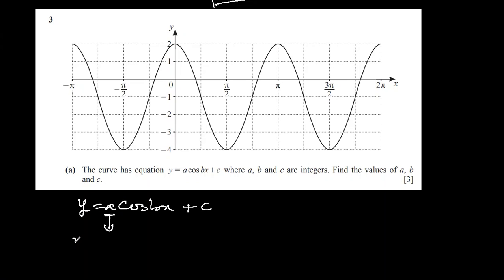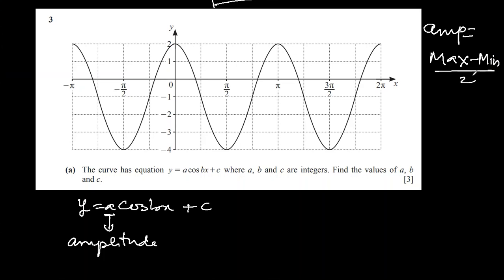A represents the amplitude of the graph, and amplitude, the formula, you should remember this, is the maximum minus minimum divided by 2. When we subtract minimum from maximum, we get the vertical distance between them, and we divide that distance by 2. That gives us exactly the half height of that distance, which is amplitude.